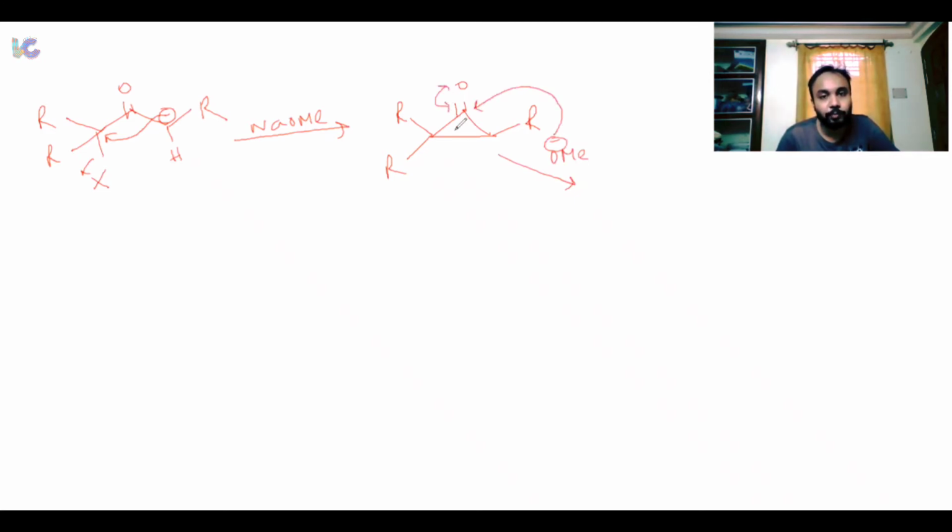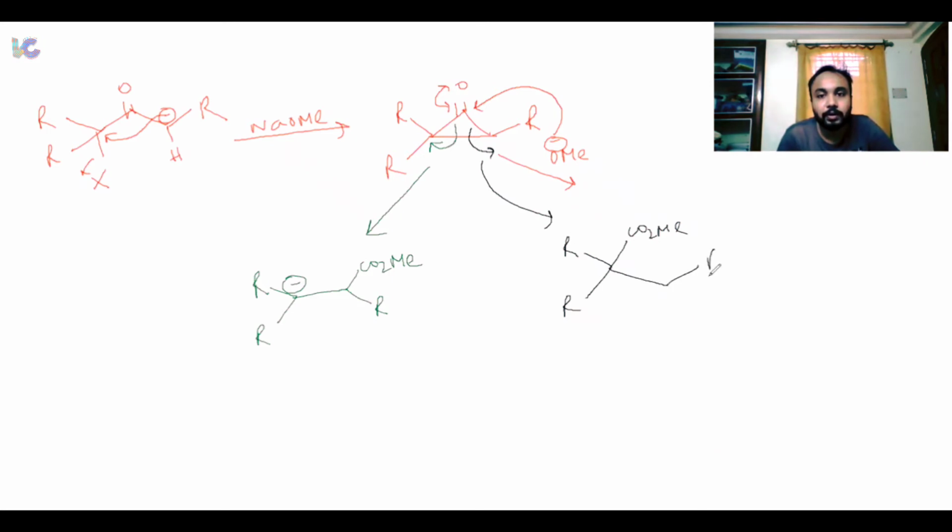Either the opening will be from this green side, and we'll end up with this, with a negative charge, this one is R, this is our CO2Me. Or if the opening is from the other side, then we are ending with R, this is CO2Me, and this is our R over here, with a negative charge.